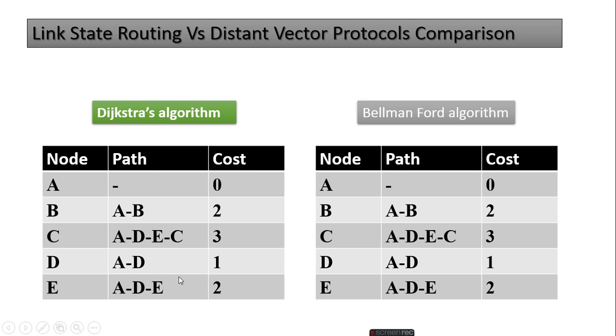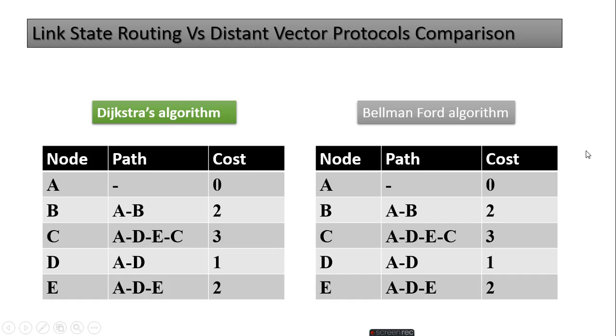But when you have a low number of hops, Bellman-Ford is faster, and Dijkstra's will be a little bit slower. That's why most of the link state routing protocols use Dijkstra's algorithm, because they are used in larger scale networks. Most of the distance vector routing protocols use Bellman-Ford because they are mostly used in smaller networks.